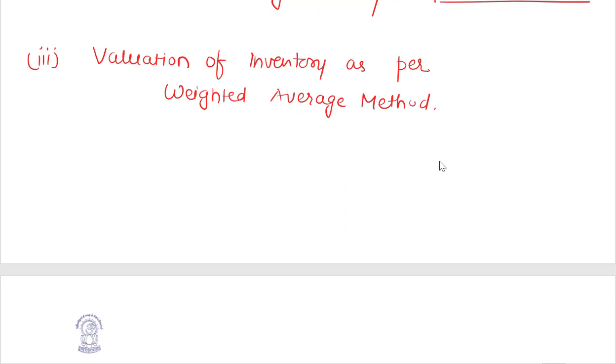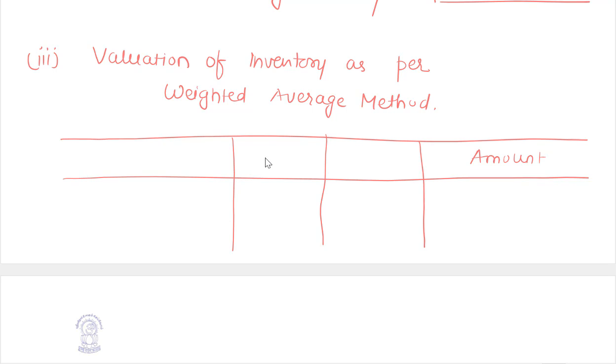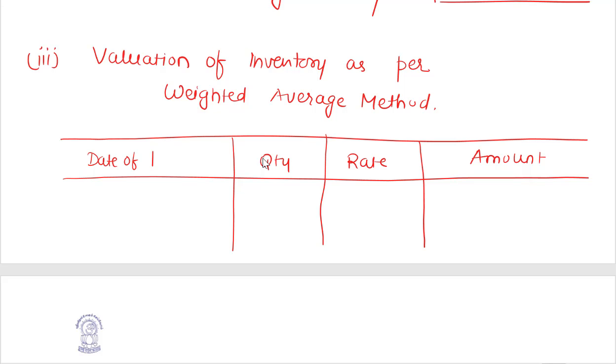Let us make the table. We will record date of purchase first, then quantity, rate, and then we will do the total, that is amount.